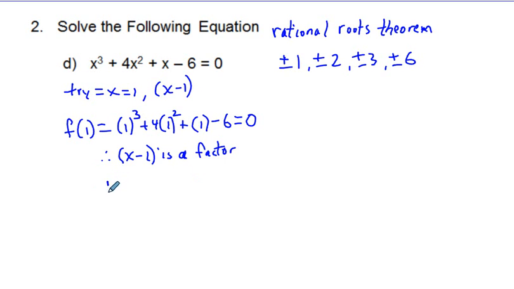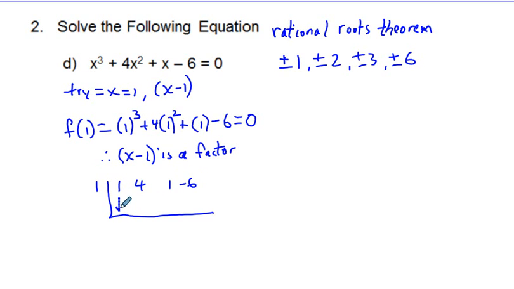Let's go ahead and figure out what the rest of this would be, and we can take our real zero of 1 out here and put the coefficients of all the terms inside this synthetic division bracket: 1, 4, 1, and negative 6.